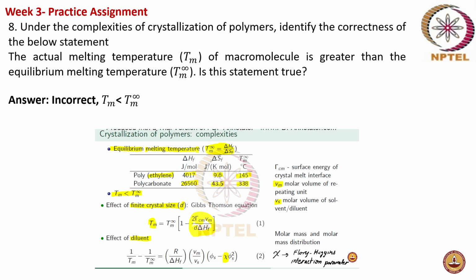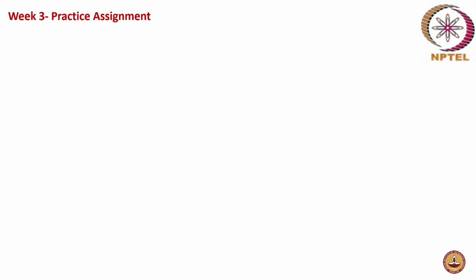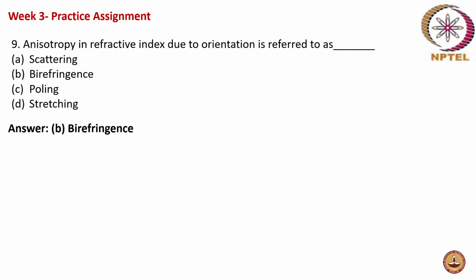So your effect of your interface, and then your diluent, all these come into the picture, and the macromolecular nature itself brings in your surface energy, right? So because of all these parameters, your actual melting temperature will be less than your equilibrium melting temperature.